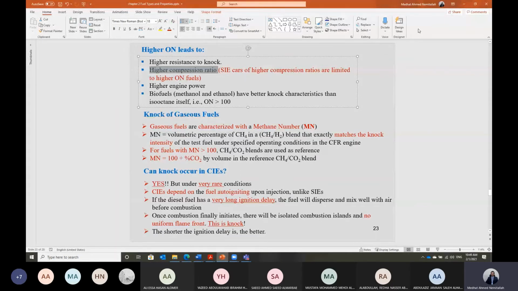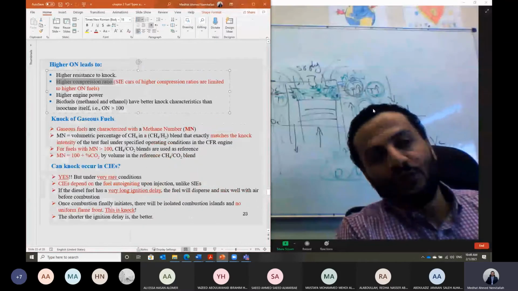But what about the old car? Is it preferred to go to the gasoline station with an old car, find gasoline 91 and 95, and say, I will take 95 because it is a better fuel? Is it economically good to do that? No. The answer is no, because old cars are already designed to have a somewhat lower compression ratio.